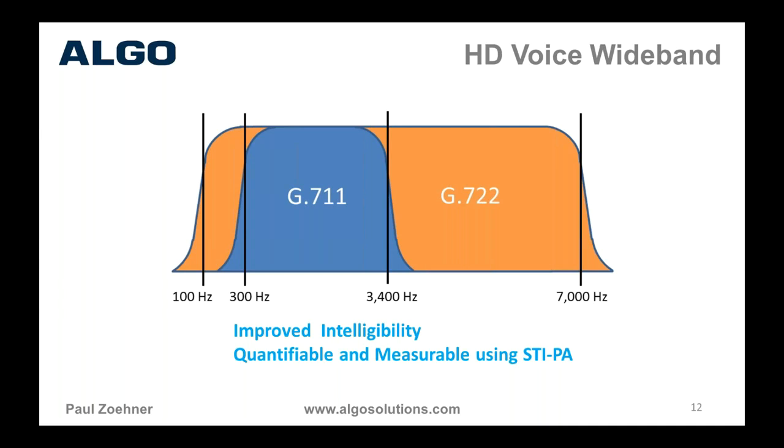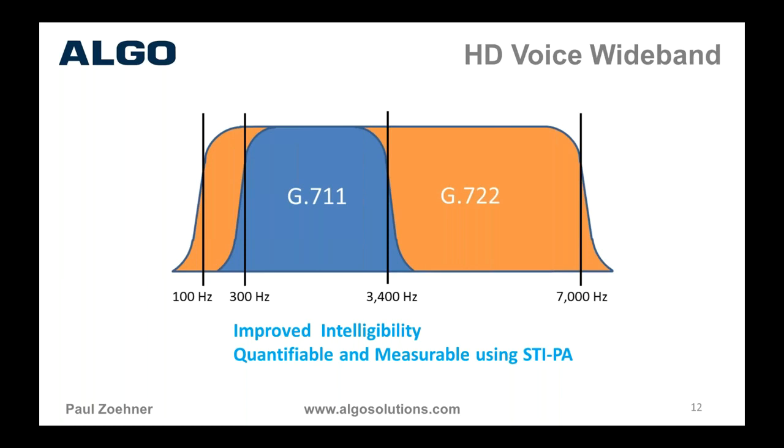But in Western languages, a lot of the intelligibility is actually in the top octave in the G722 band, so that extension from 3400 hertz up to 6800 or 7000 hertz. This is where the hard consonants are to discern, particularly in a noisy environment or where somebody doesn't have English as their native language, so the brain has to work a little harder to decipher what they're saying. The hard consonants there to discern between words like tear and there and fair and hiss and this. That information is in that top band.